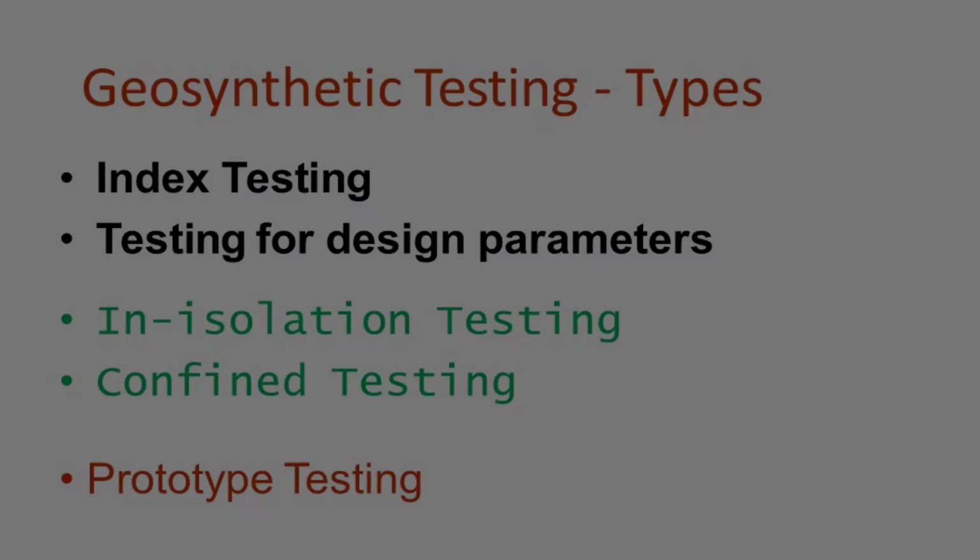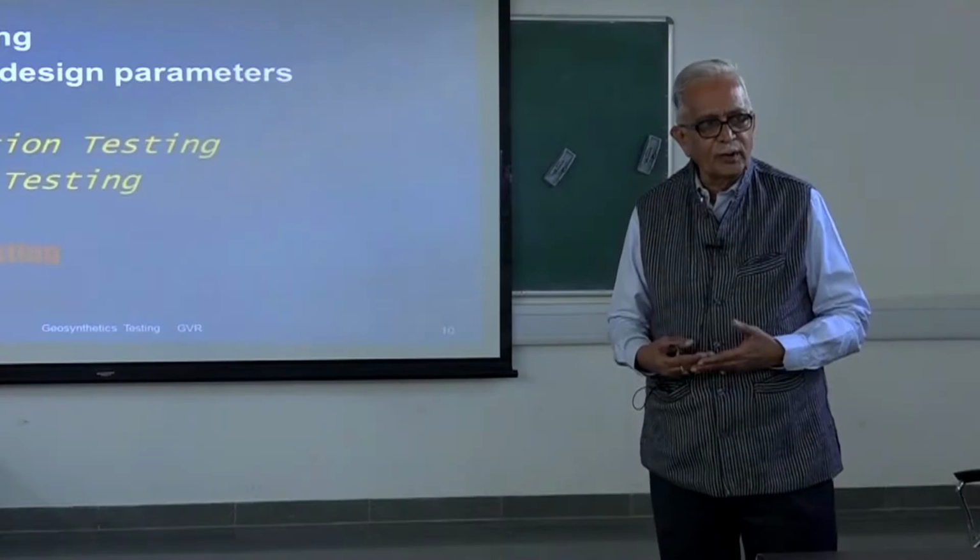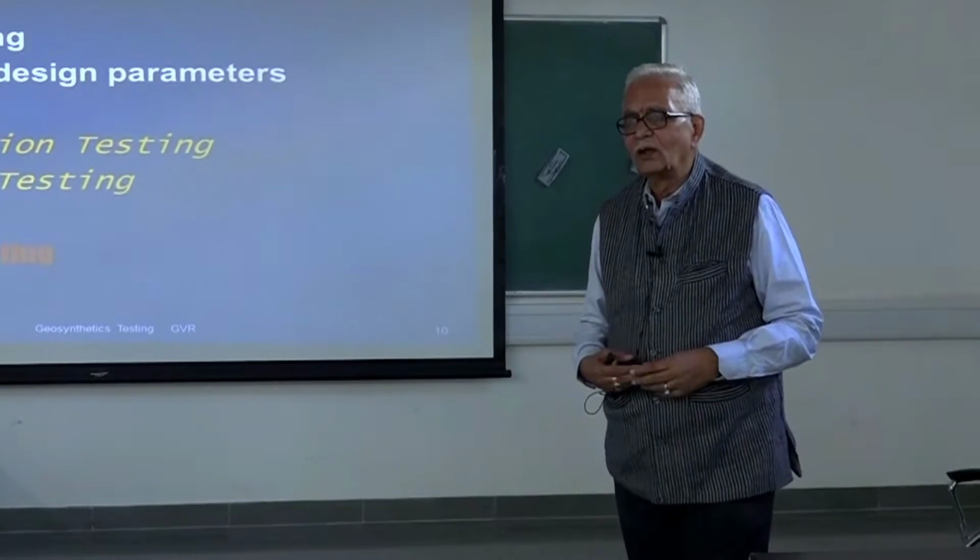So that is really confined testing. We now have two kinds of testing for hydraulic properties. One is in isolation, that means there is no soil at the top and bottom, and the other is under confinement, which really means we are going to have soil of the kind we are going to use, or it may be standard also. Now there is a problem for me. Our Mohan wants actual friction value.